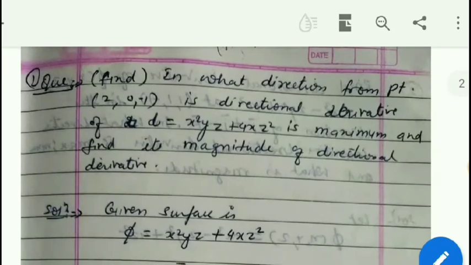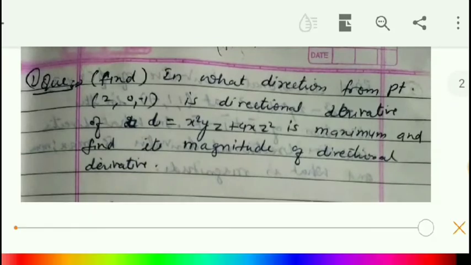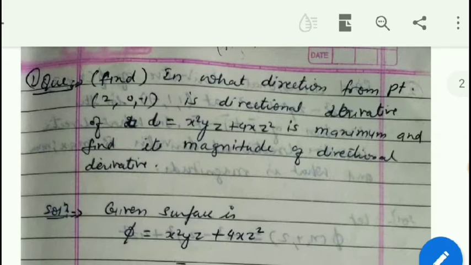Now we will discuss some examples based on maximum directional derivative. First example: in what direction from point P (2, 0, -1) is the directional derivative of phi, where phi equals x square yz plus 4xz square, maximum, and find its magnitude.